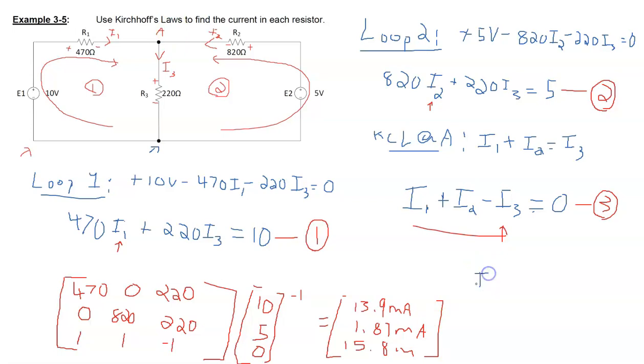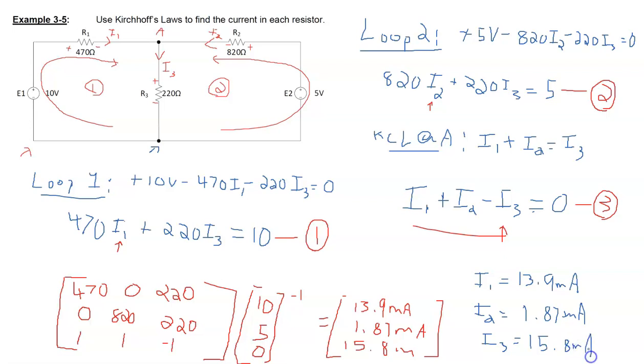So what that means now is I1 equals 13.9 milliamps. I2 equals 1.87 milliamps, and I3 equals, again, the sum of these, which is 15.8 milliamps.